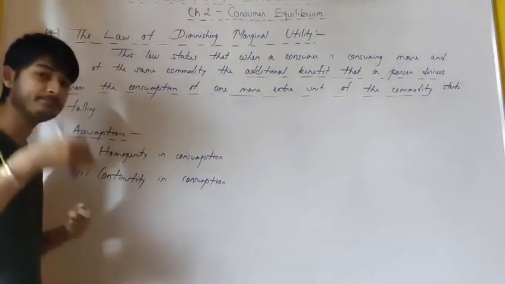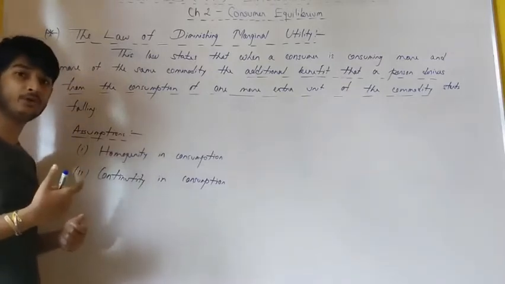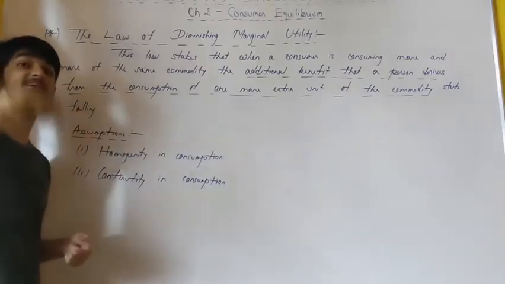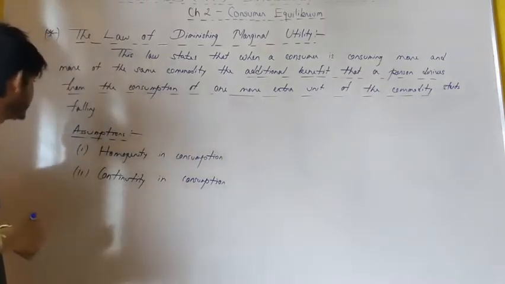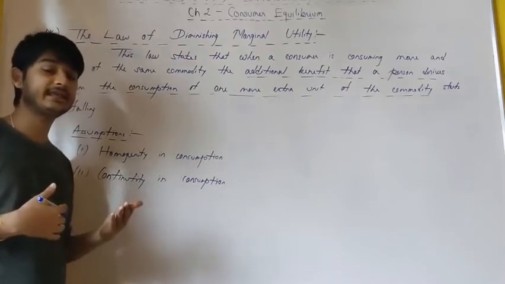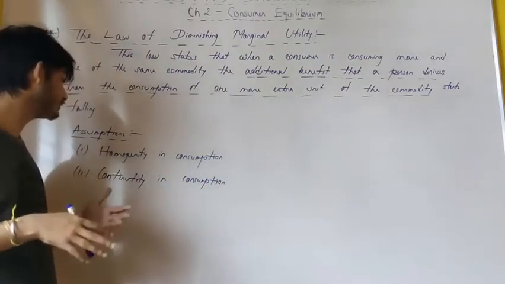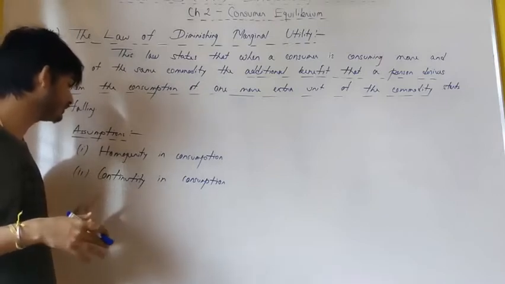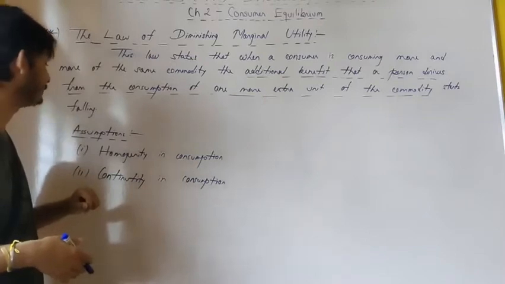Or while having the biscuit, I will take one bite now, and I will take another bite yesterday or tomorrow. So we need to take consumption in a continuous manner. We need to do consumption in a continuous manner for this law to get operational.